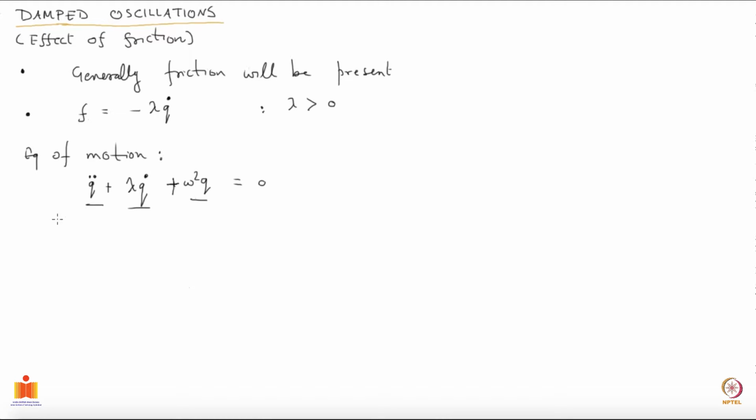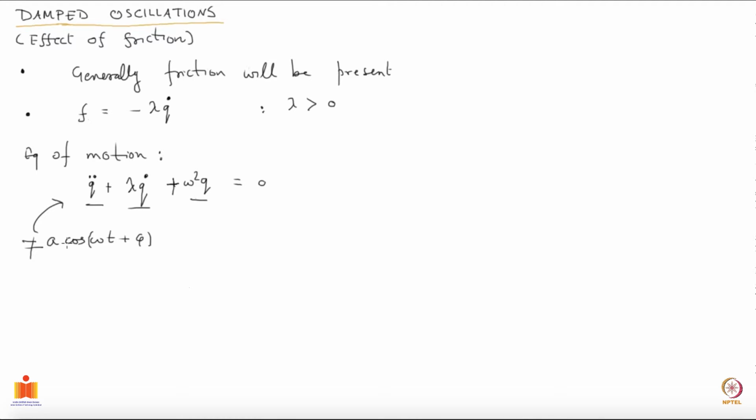Now you cannot take the solution A cos(omega t plus phi) here. That will not work, because I take a double derivative and get back cos again, but a single derivative will give me a sine, so this is not going to work.